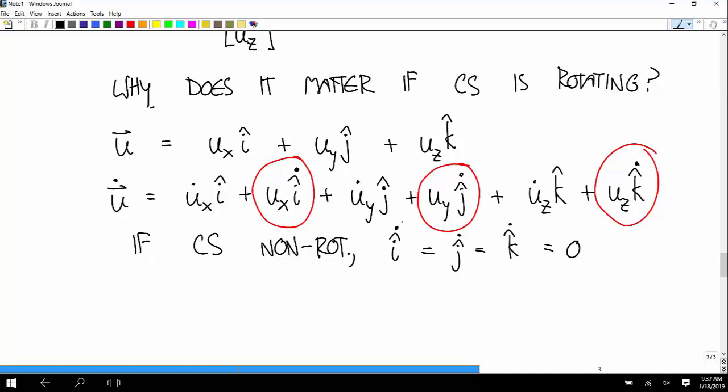Okay, and that's where all the mess is going to come in. That's where all the complexity comes in when you deal with rotating coordinate systems. Because the thing is, i, j, and k are changing in time, so those time derivatives are non-zero. So for now, just remind yourself to appreciate when a coordinate system is not rotating, because it's going to get really messy. Any questions about that?